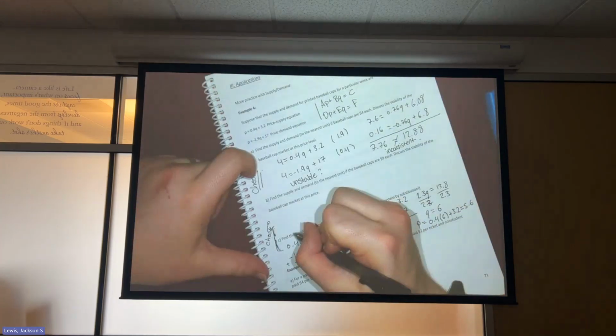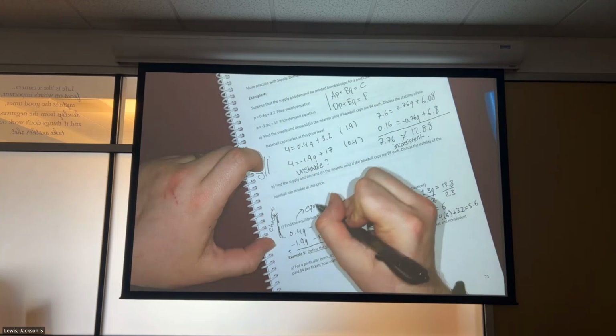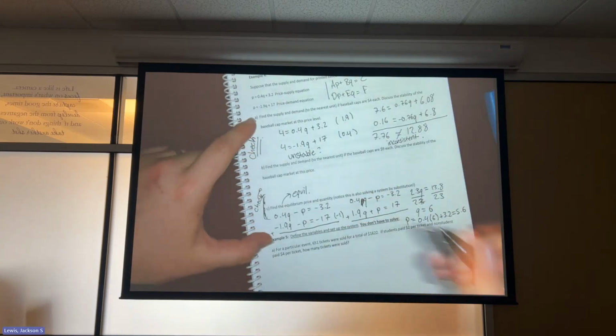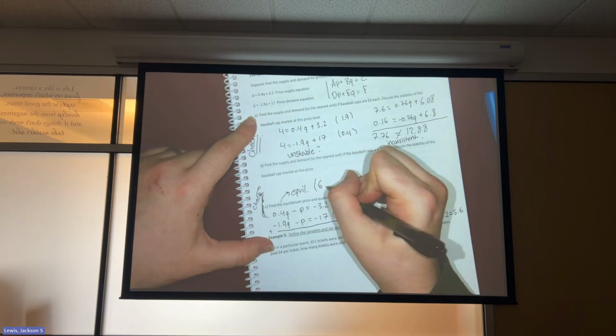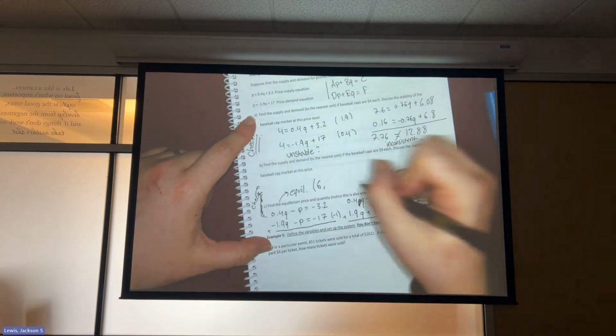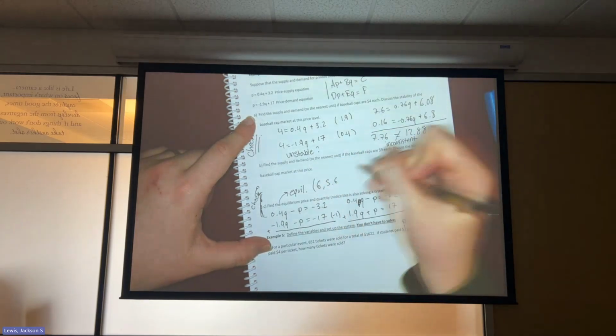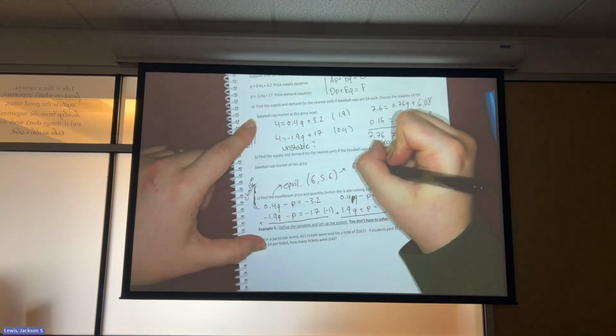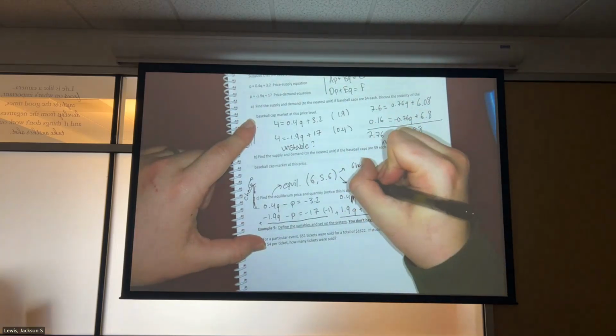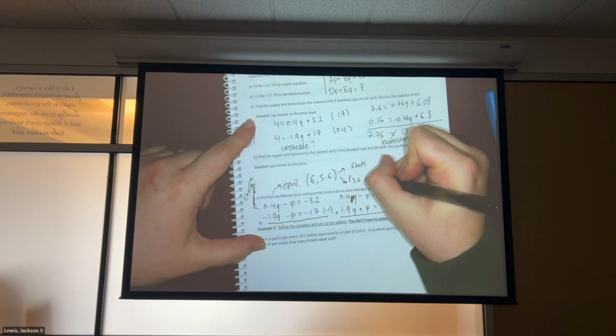So the equilibrium price, and I'll write it up here, or the equilibrium point is selling 6 hats at $5.6 a piece.